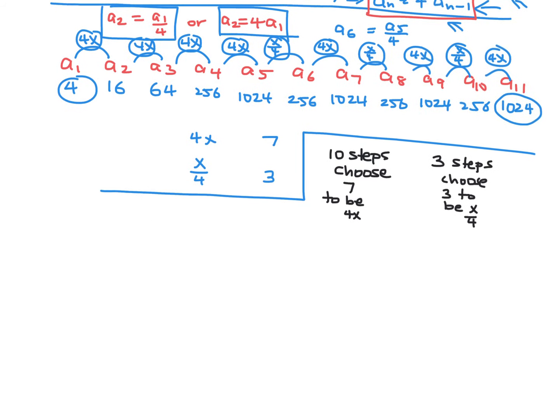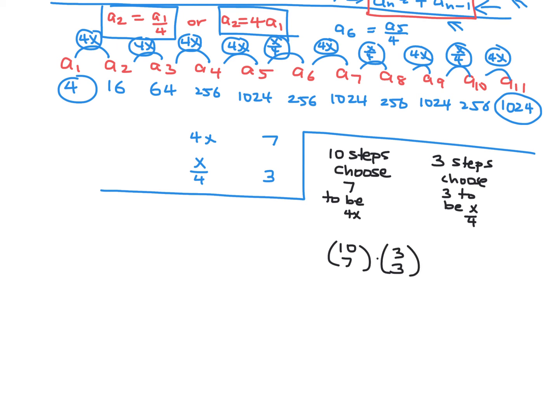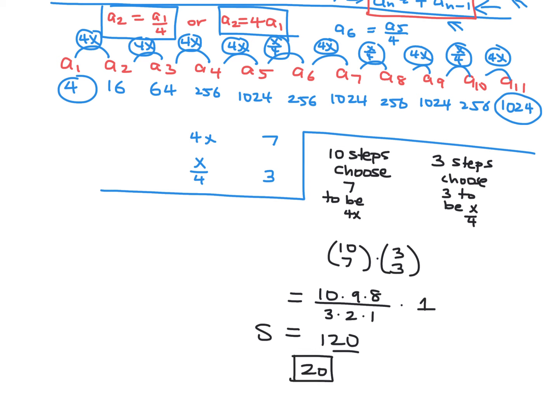The mathematics of that would be 10 choose 7 times 3 choose 3. Well, 10 choose 7 is 10 times 9 times 8 over 3 times 2 times 1, and 3 choose 3 is just 1. 10 times 9 times 8 over 6 is 120. And that is S. They want the last two digits of S, which is 20. So therefore the answer to this question is 20.